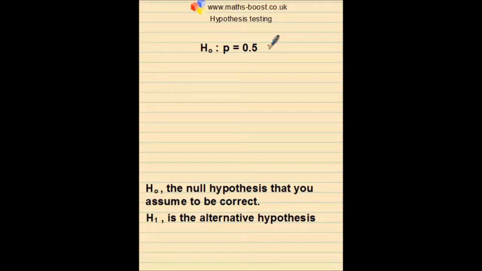Now it's for us to put forward and prove an alternative hypothesis. We do this by stating H1, the alternative hypothesis. And in our particular case, I want to prove that the probability of getting a tail is less than 0.5. If we can't prove this alternative hypothesis, the original null hypothesis holds.